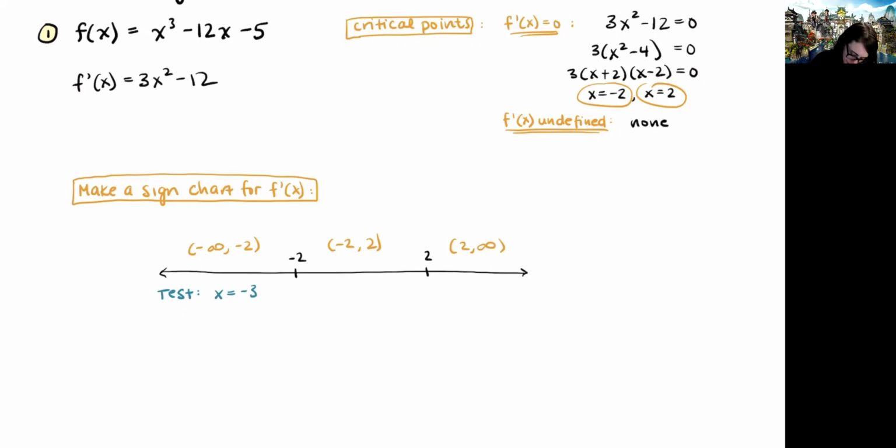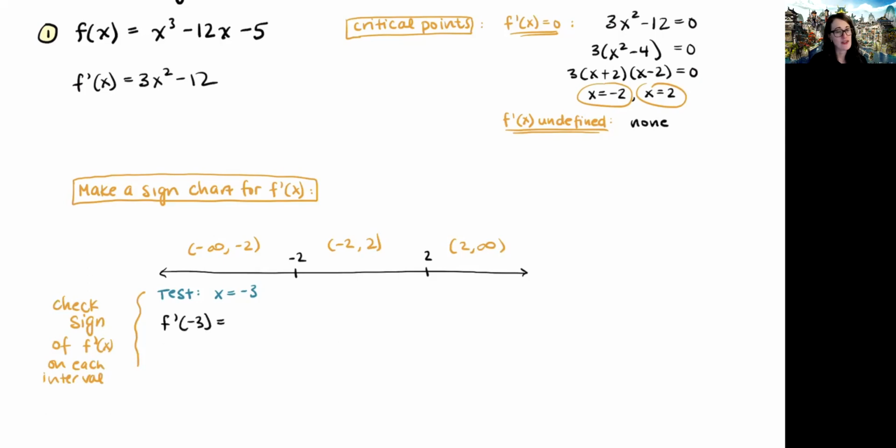Okay, so what we want to be doing down here is checking the sign of f prime on each interval. So let's test x equals negative 3, meaning let's plug negative 3 into the derivative.